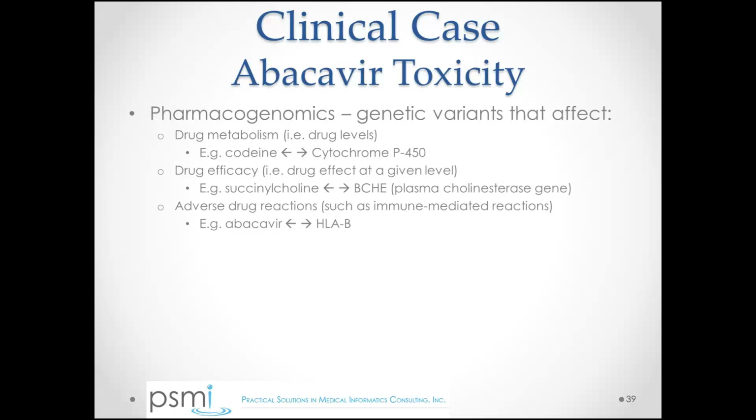And for this particular case, there's an FDA label warning that individuals who are carriers of an atypical variant of this particular gene are at risk of prolonged apnea if they're administered succinylcholine. So again, it's not changing the drug level, it's changing the drug efficacy. And then finally, genetic variants can also affect adverse drug reactions, put you at risk for adverse drug reactions, such as immune-mediated reactions, such as we're seeing in this particular case with abacavir and HLA-B.